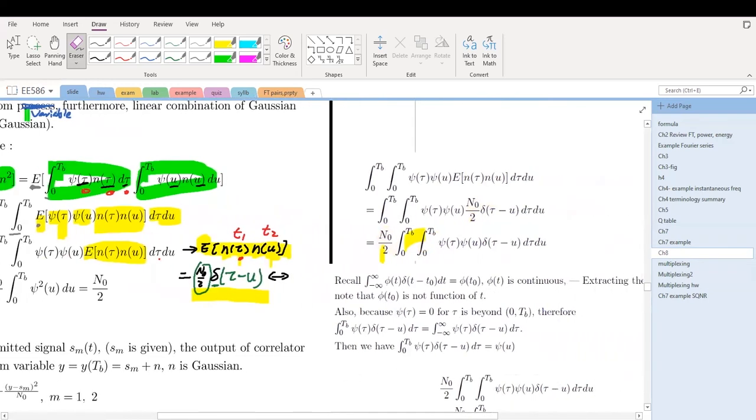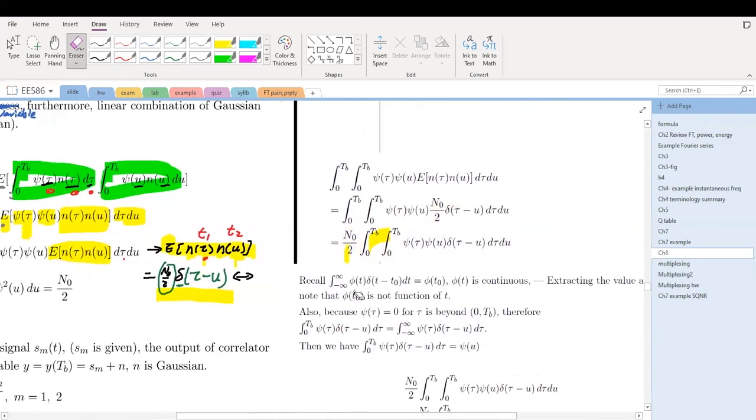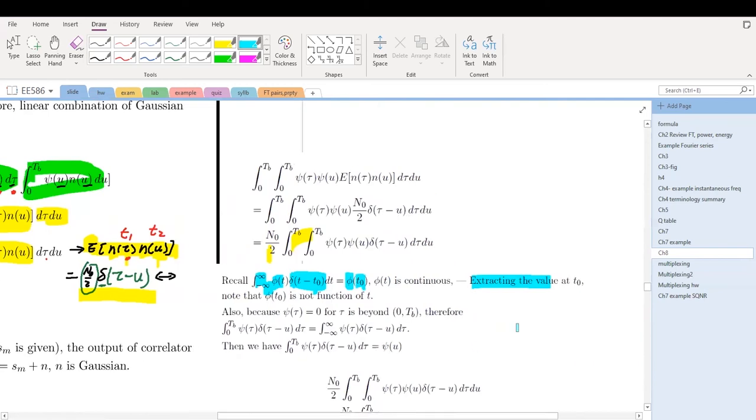Now we want to recall a property of the delta function. If we integrate from minus infinity to infinity any time function phi of t multiplied by a shifted delta, what do we have? We have the value of phi at t naught. This is extracting the value at t naught.